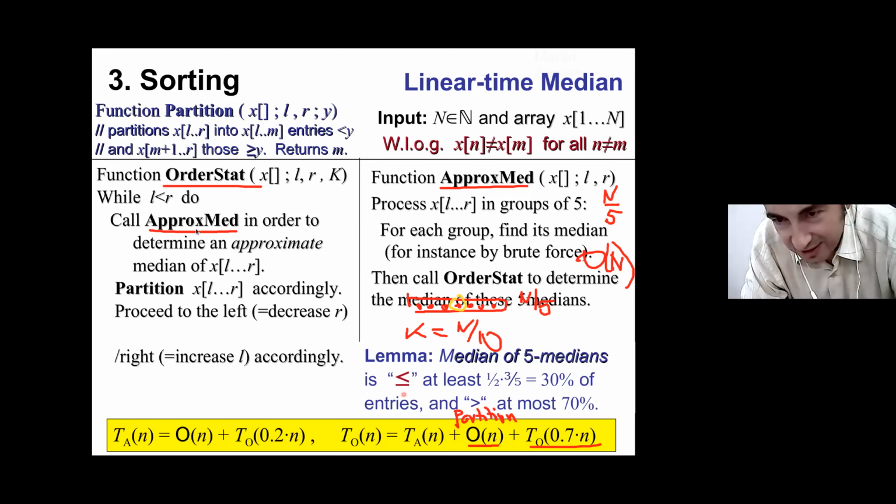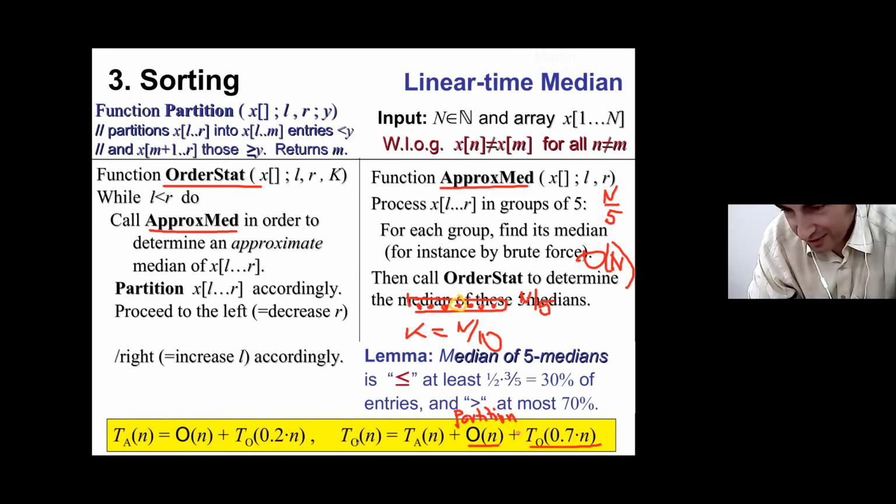Since you know that this approximate median is greater than at least 30% of the elements from the left and from the right, the biggest possible array onto which order statistics calls itself recursively has size at most 70% of the size of the original array. So this is where you need this approximate median. You need to bound the size of this array that you call order statistics recursively on. So the quality of the approximate median enters into this term.